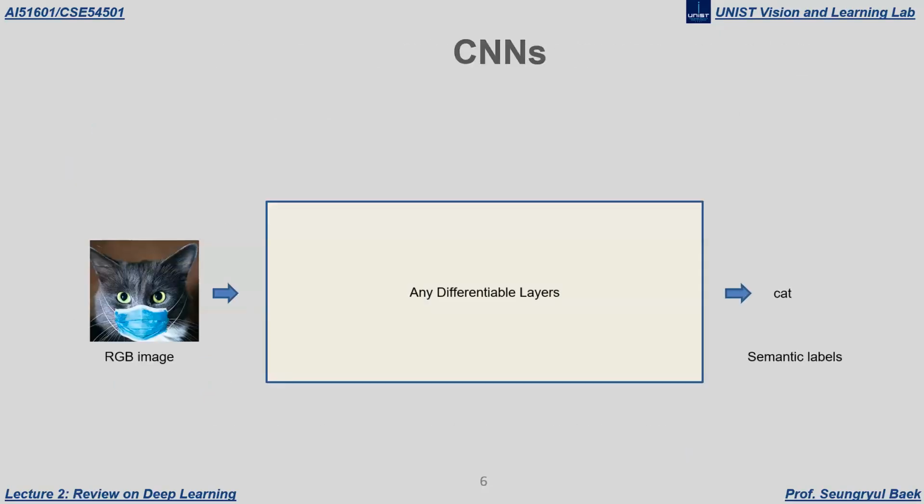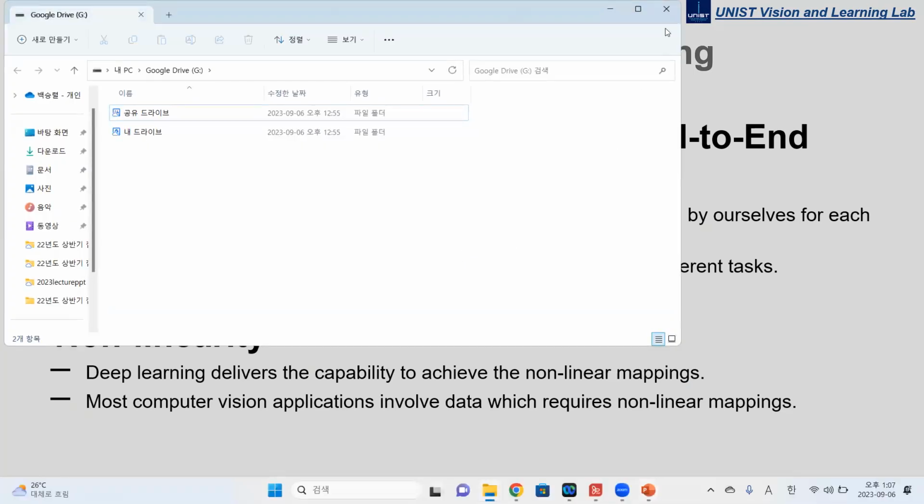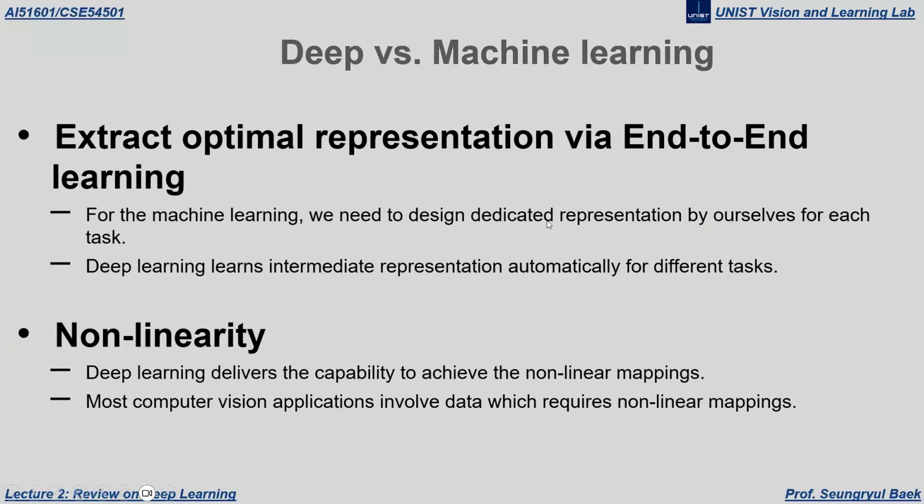So in the previous class, you learned about the review on deep learning, right? These are the two reasons why deep learning works better than conventional machine learning algorithms. Because it has multiple layers, it can represent nonlinearity, and at the same time, via end-to-end learning, we don't have to design hand-engineered features by ourselves.